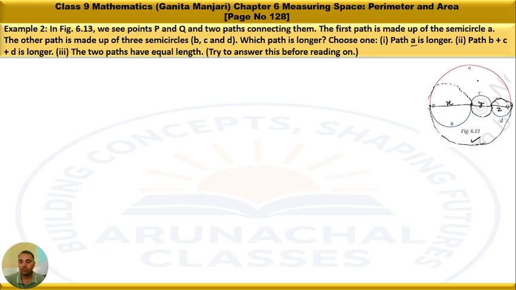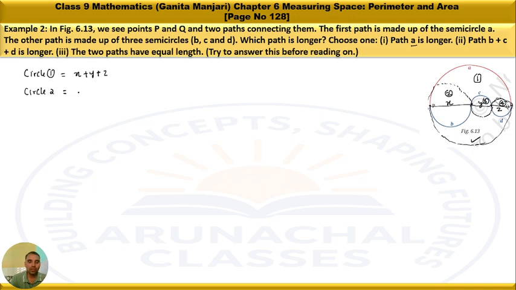So if I name these circles as circle 1, circle 2, circle 3, circle 4, here circle 1 has diameter x plus y plus z.